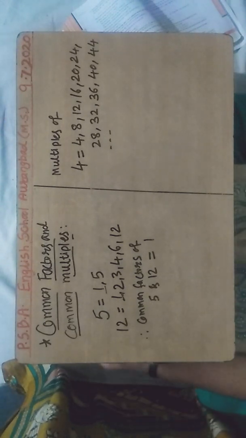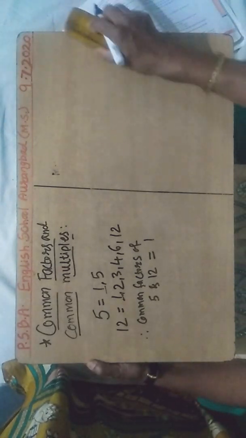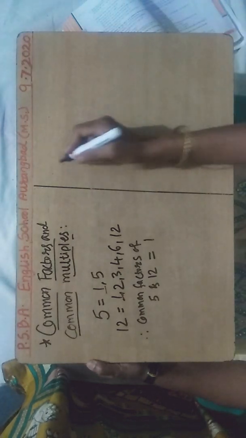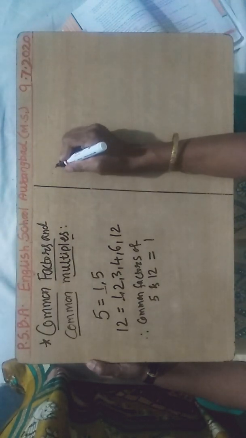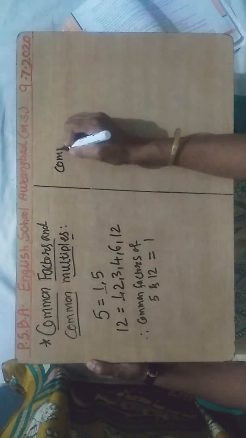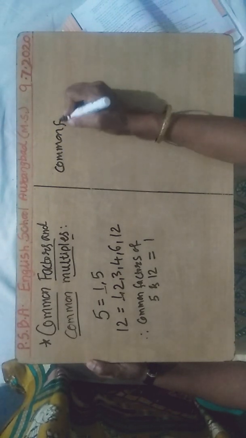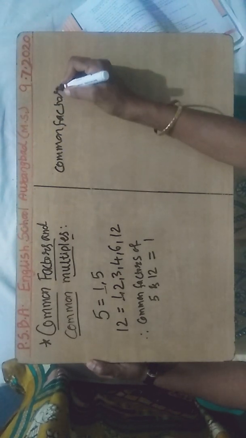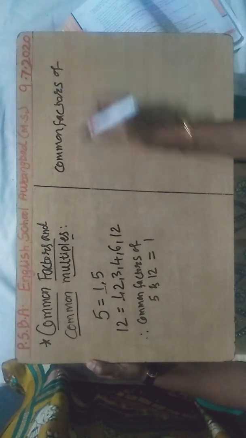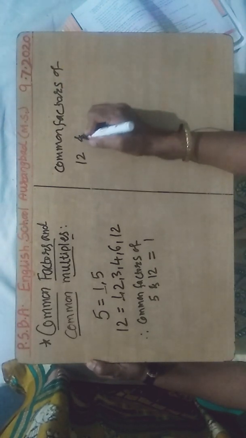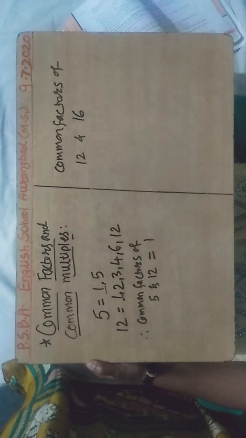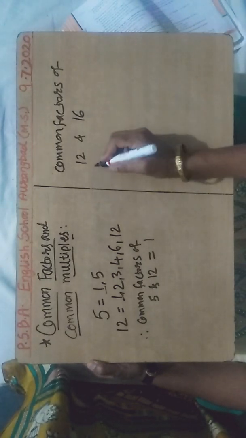One more example of common factors we will write here. If I want to find the common factors of 12 and 16, okay, so what we will do, we will find the factors.